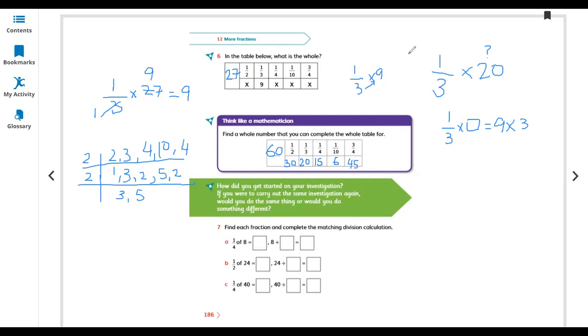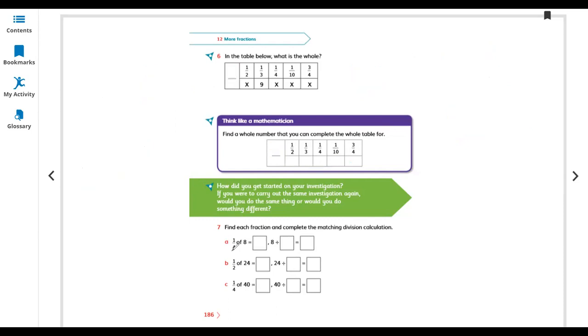Let's do the next question. Find each fraction and complete the matching division calculation. 1 by 4 of 8. 1 by 4 of 8 equals what? Cut 4 with 8. 4 multiplied by 1, 4.